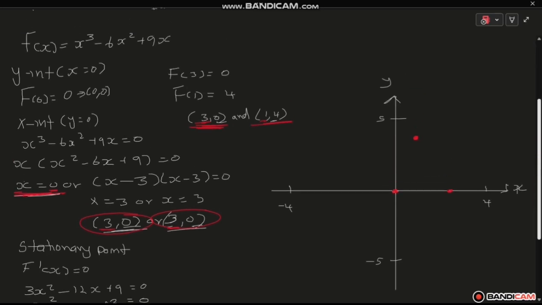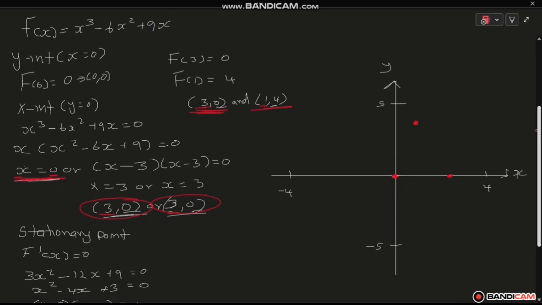So our graph will look like that. Why? Because a is positive. Then let's try to sketch our graph. It will be like this. My graph is so bad, but it must look nice. Make sure that it looks nice. Okay, let me try to start it here.